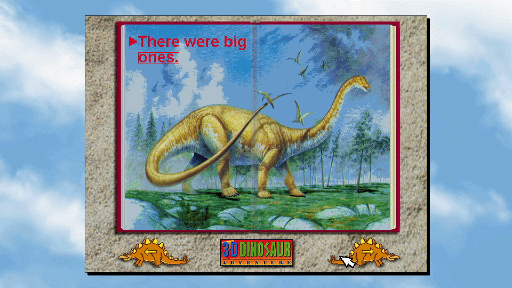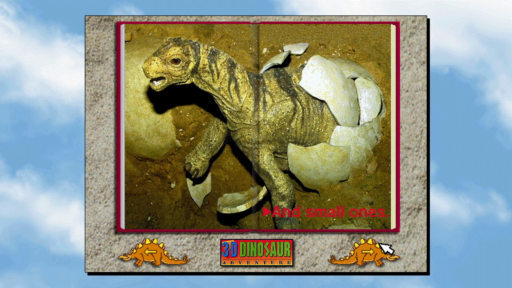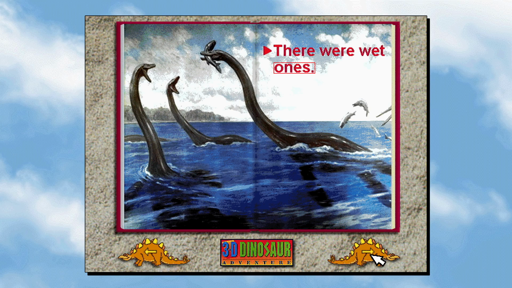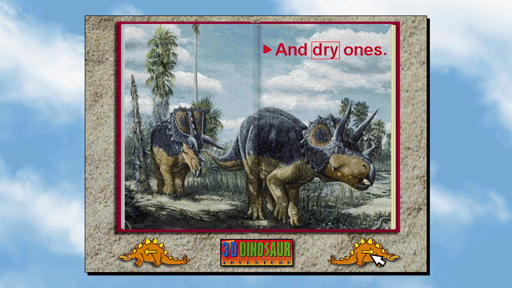There were big ones. Ultrasaurus. And small ones. Hatchling. There were wet ones. And dry ones.